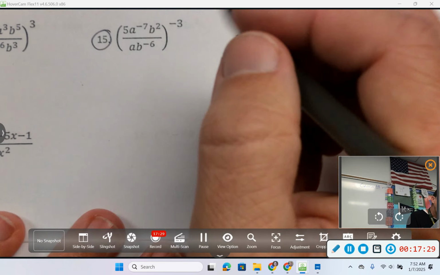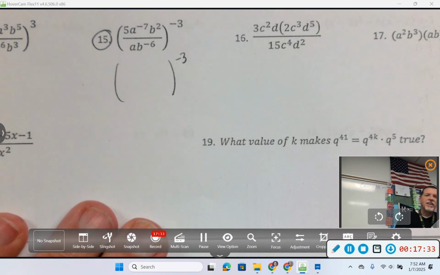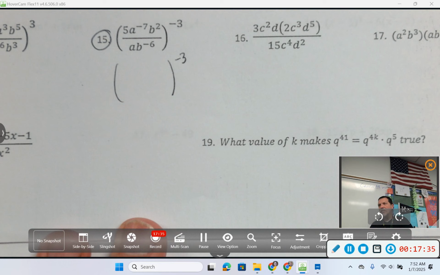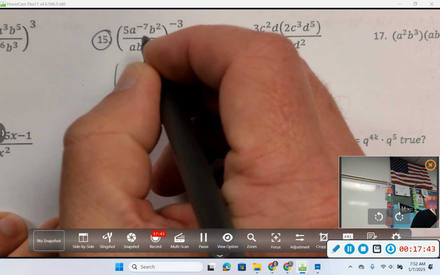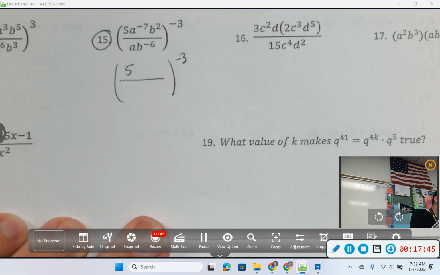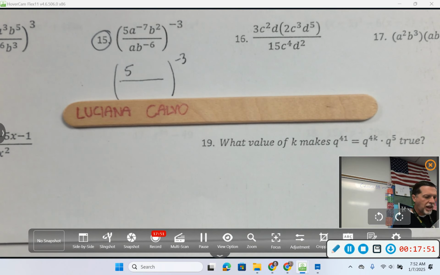So, I guess you can clean up the inside first and then do the -3, or you can do the -3 and then clean up. I usually clean up first. So, let's keep picking on people here. Luciana, how about the a's? How many a's do we have and where are they?